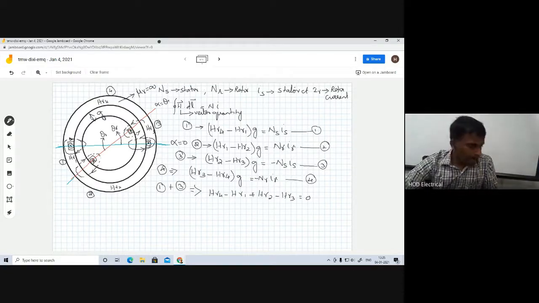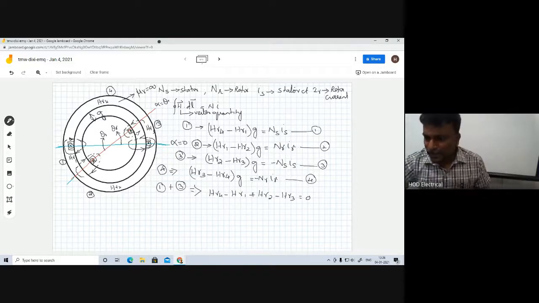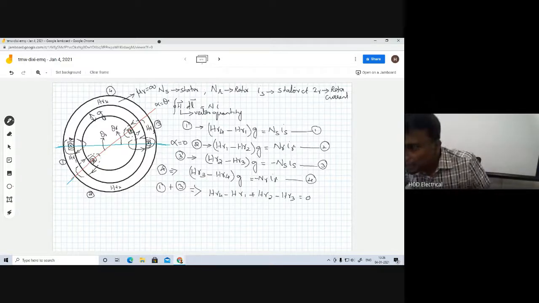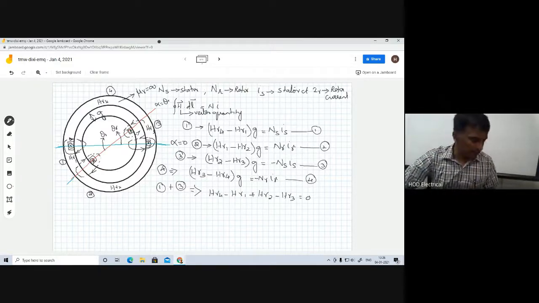So let me verify whether all the equations are correct. NS into IS, HR1 minus HR2, yes correct, and HR4 minus HR1, then H3 minus H4, then H2 minus H3. So this is how we have ended up with this equation. It is correct. We have just added, and now we will end up with this equation.